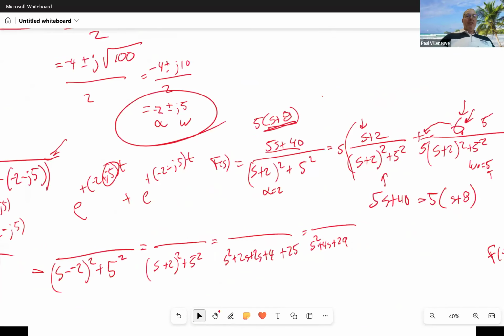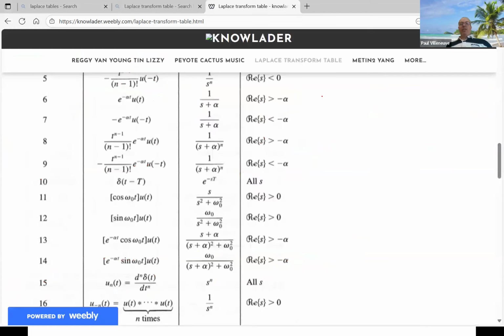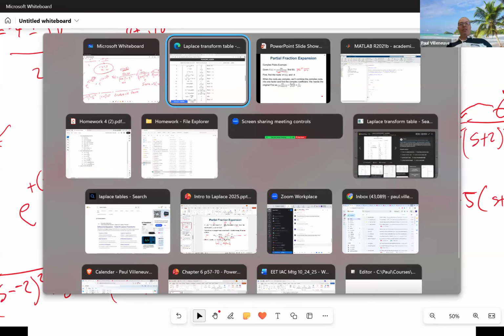We had e to the -2 minus j5, e to the -2 plus j5. But those aren't real world expressions. But if you recall from maybe 2 classes ago, we proved how the sine and cosine were going to be equal to some e to the j somethings, right? Well, we're going to take advantage of that as well.